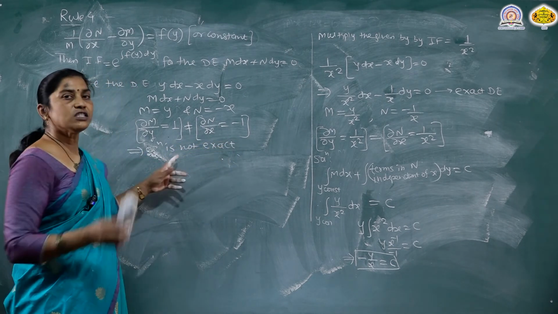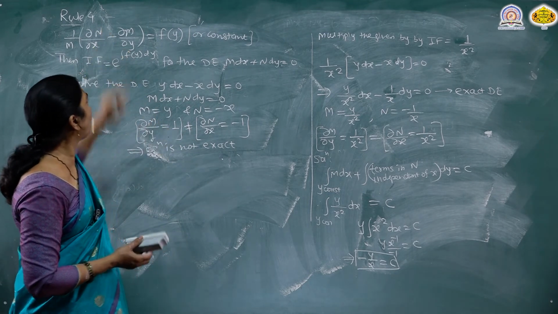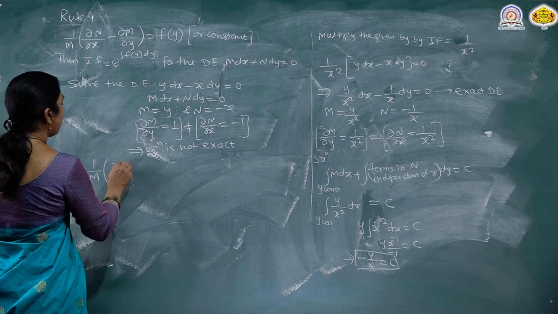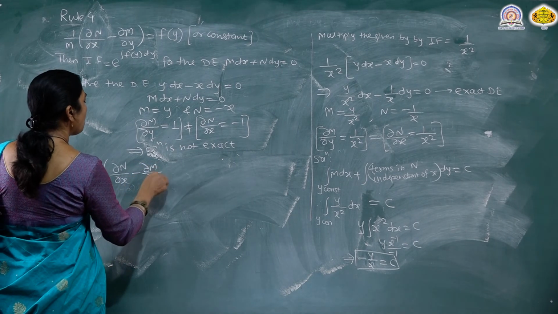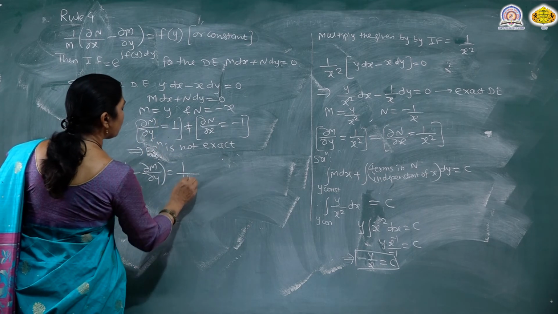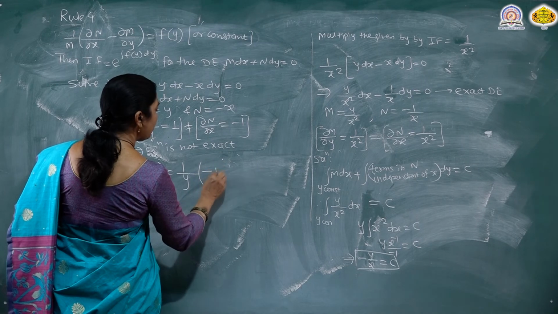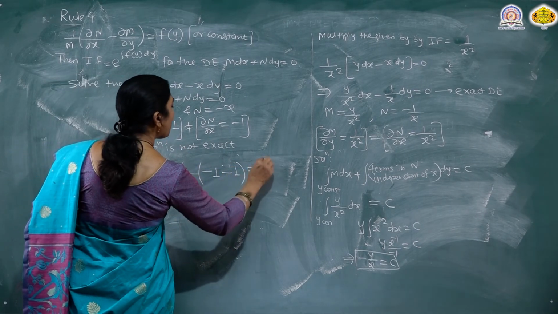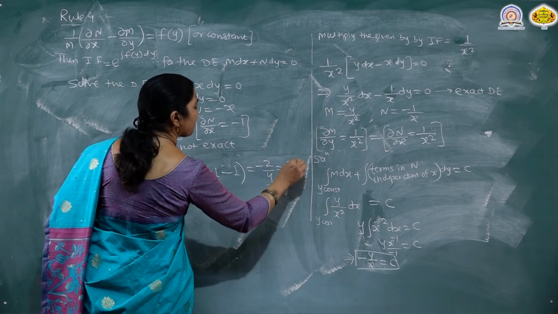We have solved the same example by the last rule, that is rule 3. Now check for rule 4. Suppose I consider 1 upon m into bracket ∂n/∂x minus ∂m/∂y. It is nothing but 1 upon y into bracket ∂n/∂x, that is minus 1, minus ∂m/∂y, which is 1. So it becomes minus 2 upon y, which is only a function of y.